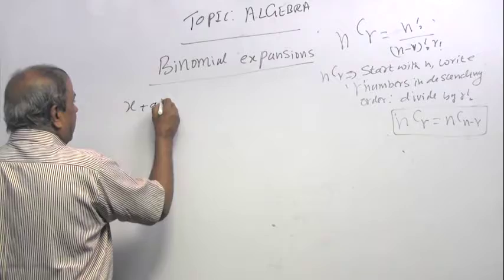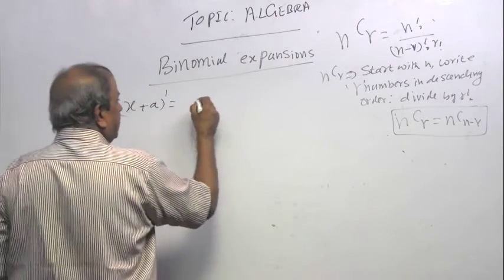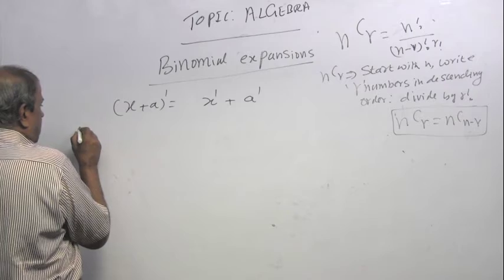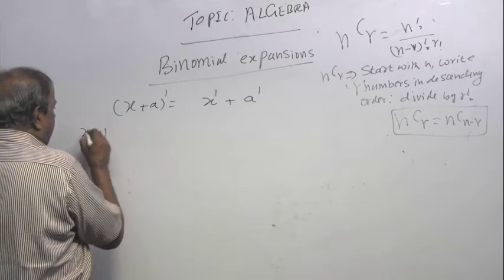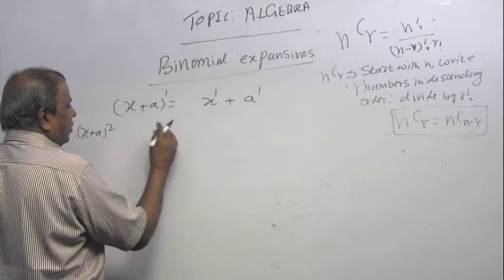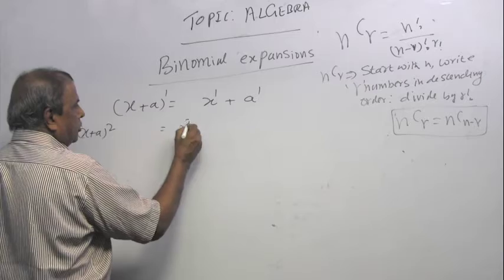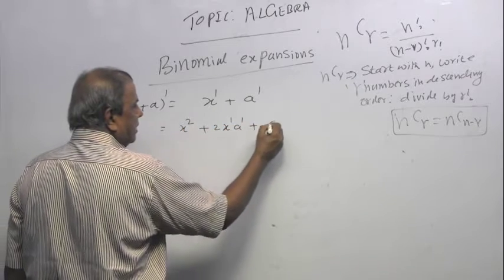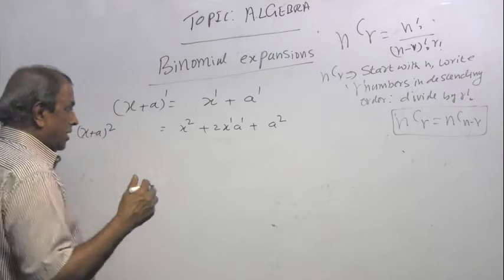What is (x plus a) power 1? It is x power 1 plus a power 1. What is (x plus a) power 2? It would be x power 2 plus 2 x power 1 a power 1 plus a power 2. Now, I am a genius.